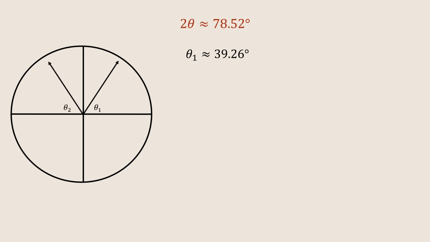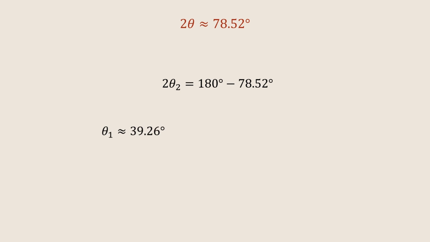We can calculate this angle by doing 2 times theta 2 is equal to 180 degrees minus 78.52 degrees. This leaves us with our theta 1 being equal to 39.26 degrees calculated from the first equation, and theta 2 calculated from the second equation is roughly equal to 50.74 degrees.